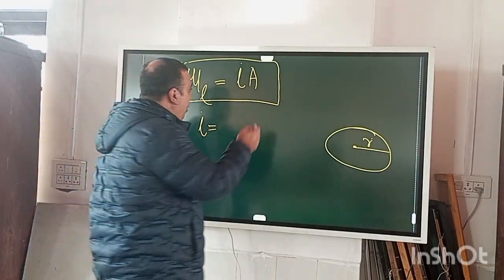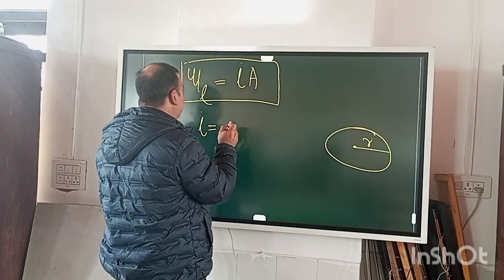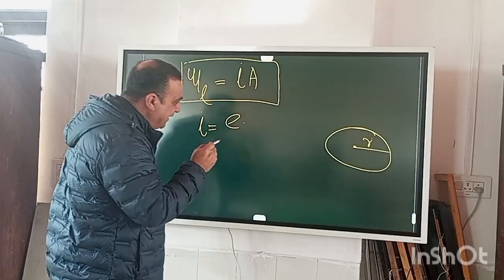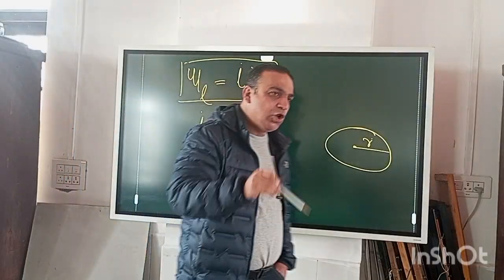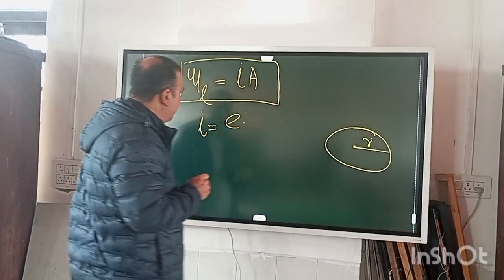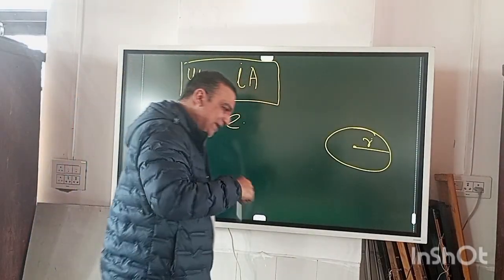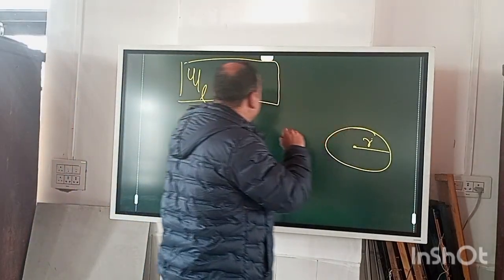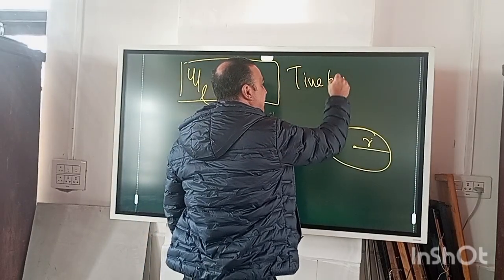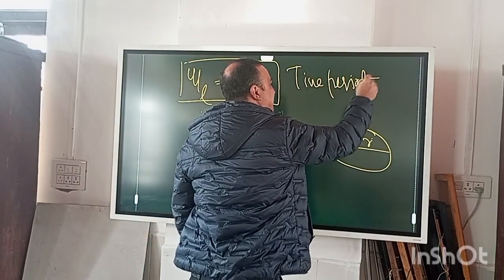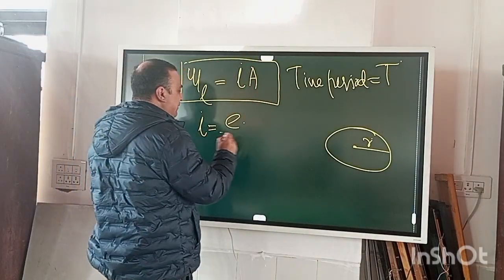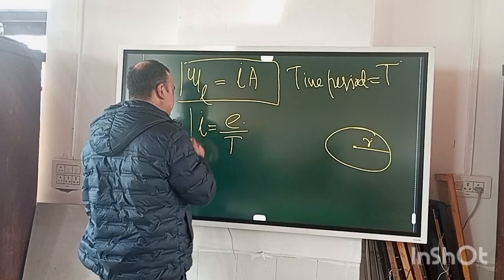The charge, if I take its magnitude equal to e, and I define this current for one complete loop, the time taken by this electron to complete that loop I assume as the time period, capital T. So this I must be equal to e by T.